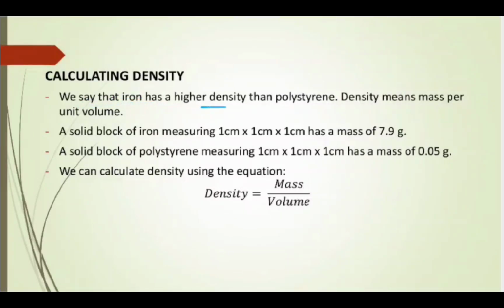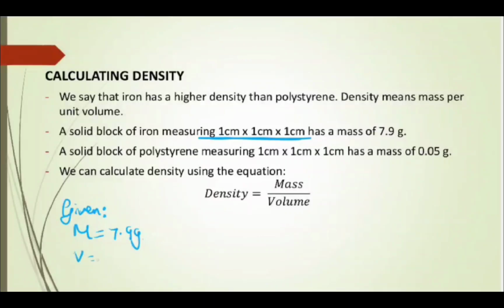So let's read. We say that iron has a higher density than polystyrene. Density means mass per unit volume. A solid block of iron measuring 1 into 1 into 1 centimeter has a mass of 7.9. So what's given? Mass is how much? 7.9 grams. What is the measurement of the block? 1 into 1 into 1.